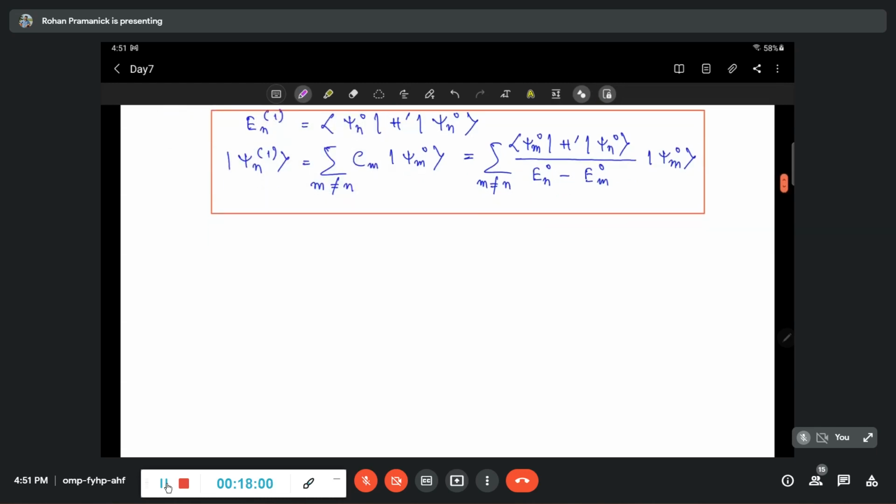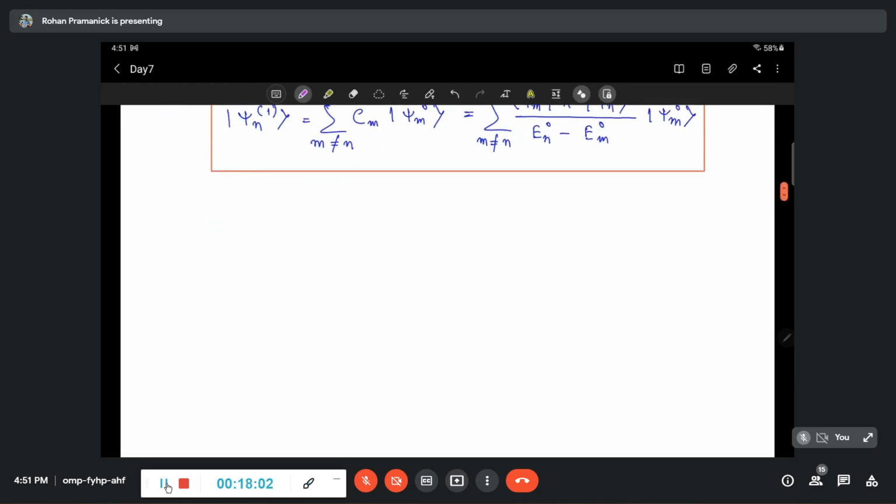So I will start today with the second order equation, by matching the lambda squared equation. If you remember, okay, probably I messed things up.